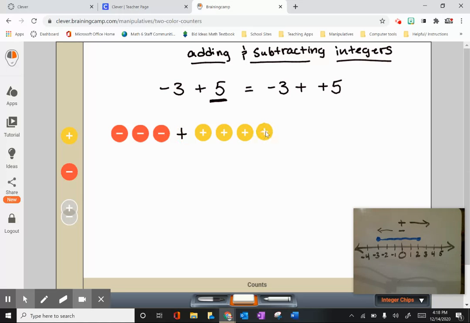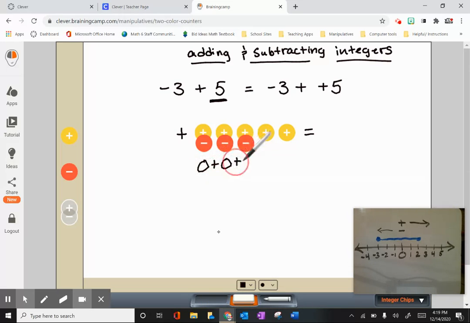Well, this makes a couple of 0 pairs when I combine them together. So I'm joining these negatives with these positives. When I join them together, the negatives cancel out what the positives are. So negative 1 and positive 1 turn out to equal 0. So I can picture this as 0 plus 0 plus 0 plus 1 plus 1, which ends up being 2.